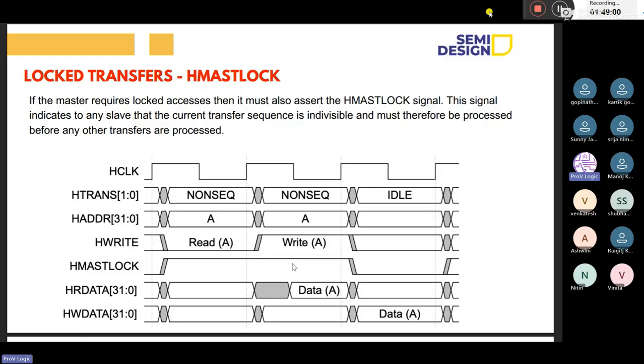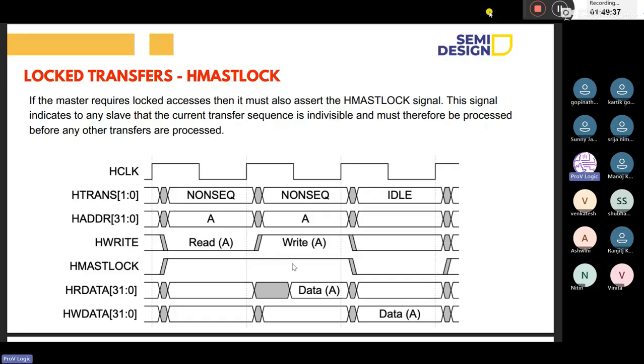So CPU is reading a value, it will modify it and also write it back. In that case, if some other master takes the bus in between, then the data could become invalid, right? So for that safety purpose, whenever CPU is initiating the transfer, whether it is doing a write operation or read operation, it wants all other masters to be locked out. In that case, it will use this feature.